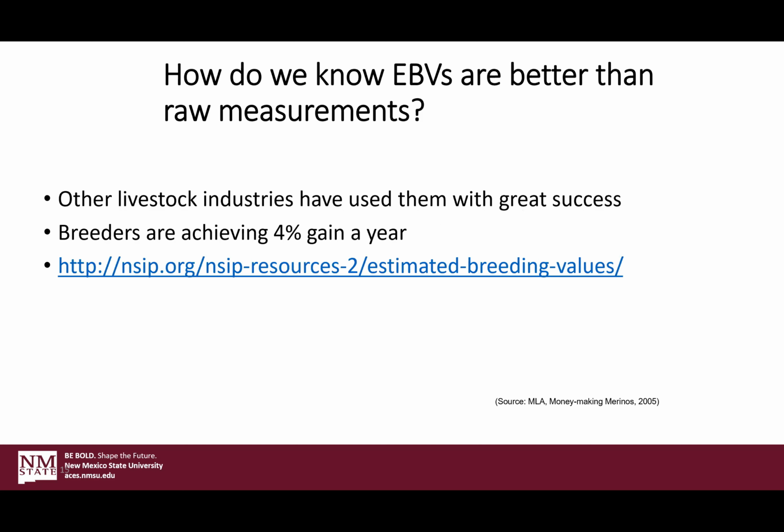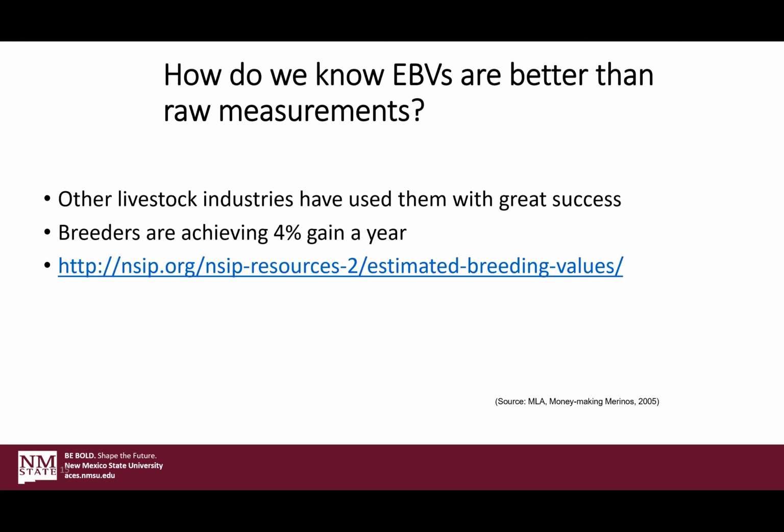So like I said, almost all other livestock industries, not just cattle, but swine and poultry and all these have these breeding values within their own species. And it works. We've got a lot of evidence to show a great success by incorporating this as a selection tool.